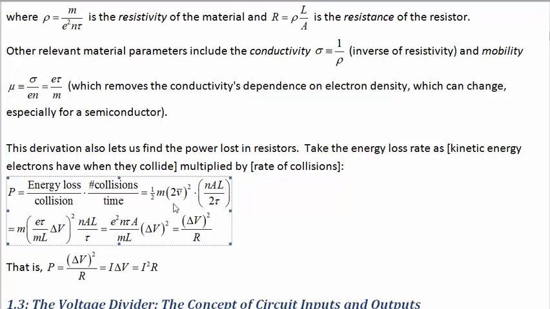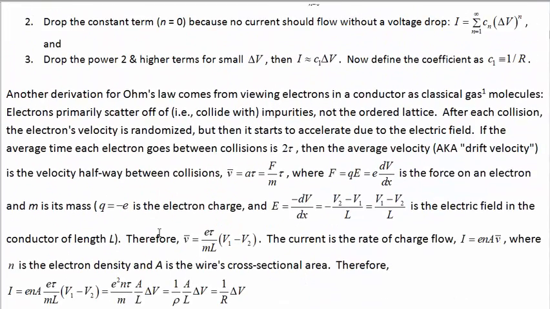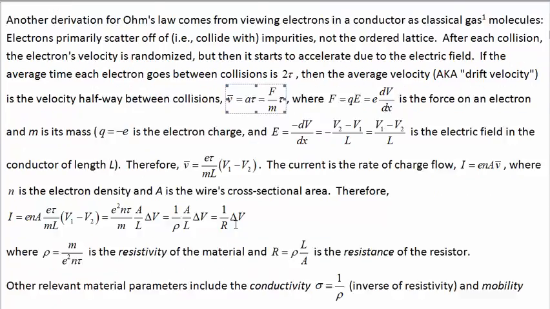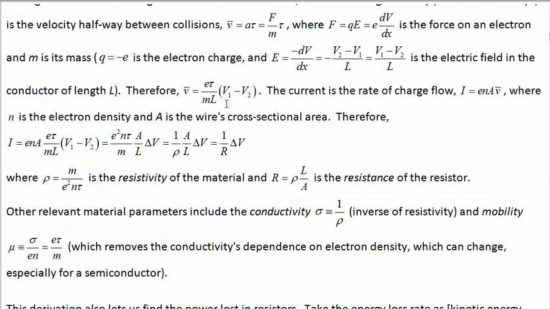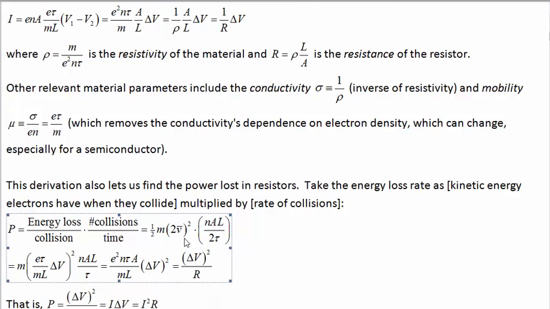The energy loss per collision, we said the velocity is randomized, so they basically lose their kinetic energy. Now, why did we put in 2 v bar here? Well, you remember that the time between collisions was 2 tau. The average time an electron has gone, though, is just regular tau, and that's where we got the average velocity of electrons. So when they collide, they're going twice as fast because they've had twice as long to accelerate at the same acceleration.